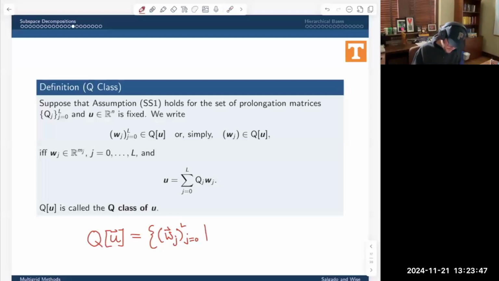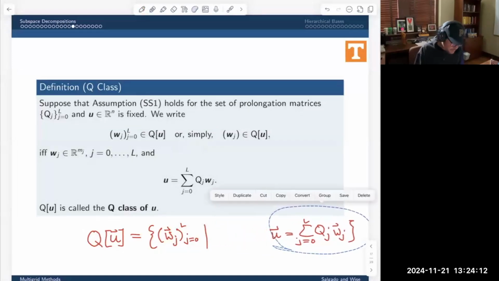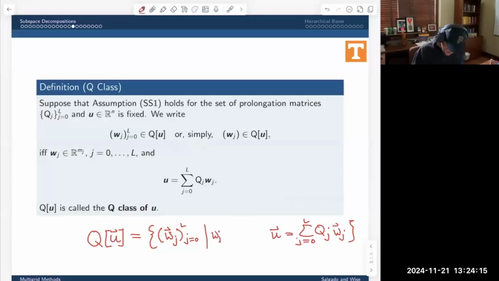I'm going to choose the set of vectors such that U can be written as the sum from J equals 0 to L of QJ WJ, where each one of these WJ is in RMJ. And U is equal to this sum.